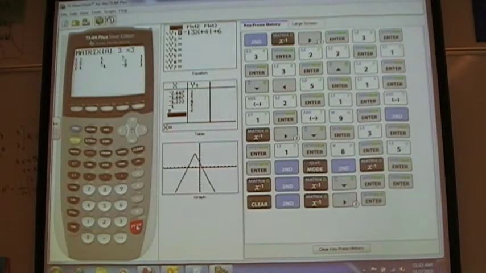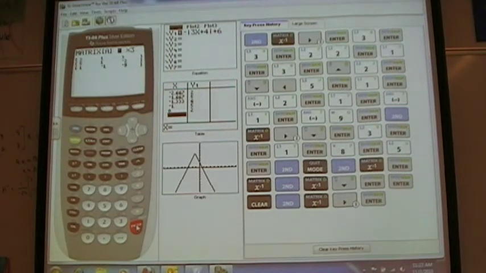And then go back and do matrix 2. How do you go back? Second matrix, and then go over to edit. And do 1, 8, 5.